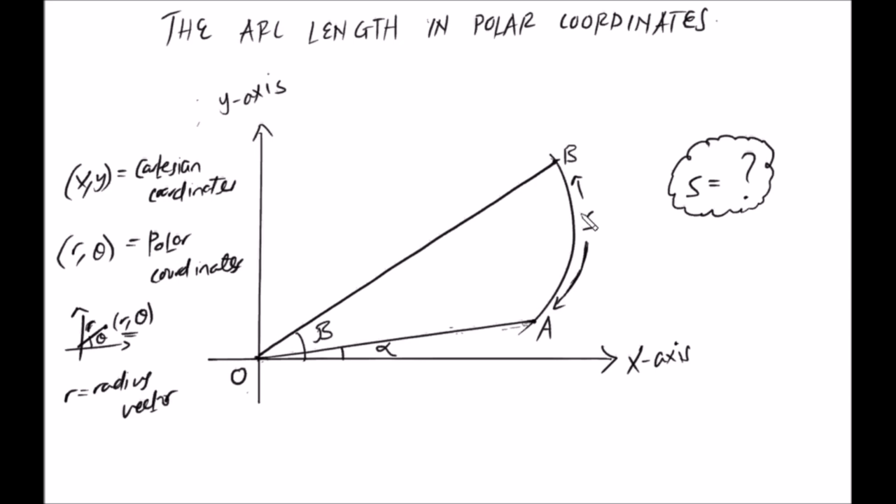So now we want to determine the arc length S. How do we determine it? Kutoka huu mchoro, tunaona hii arc AB, nitaimega kipande humu katikati, nitengeneze kipande cha arc AB ambacho kitakuwa ni arc RS, like this.